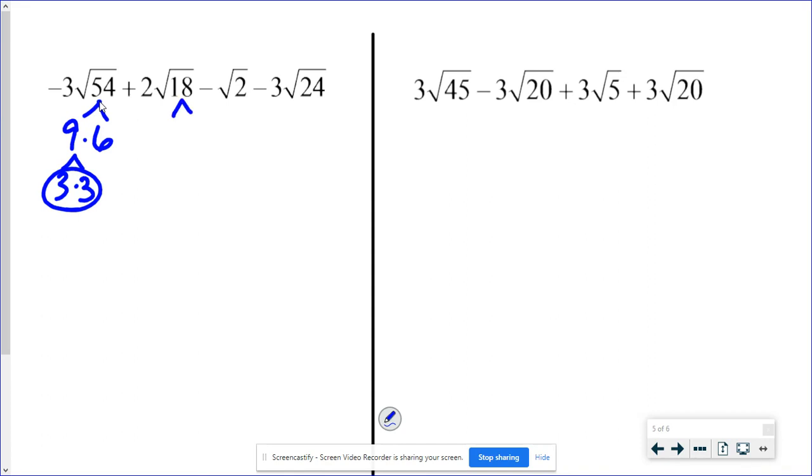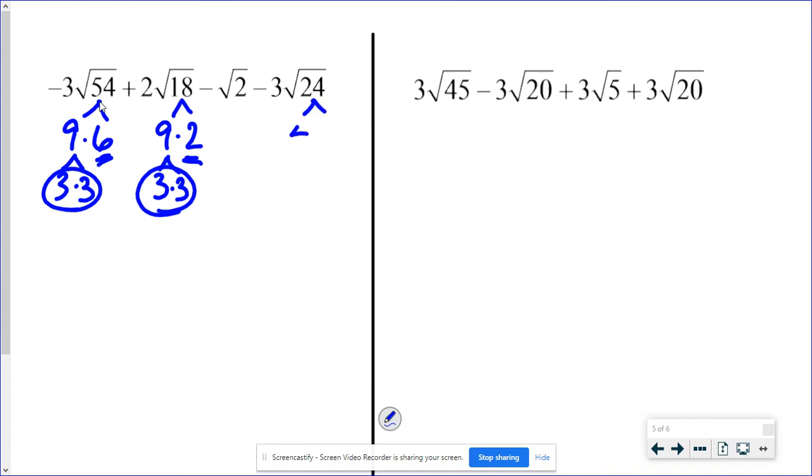The 18, knowing that I've got a rad 6 already left over, I could look at how I could split that up, and I know I could use a 3 and a 6, but then I do have another pair. So instead of that, I'm going to go with the 9 and 2. There's that pair. So the leftover parts here don't match. That's okay. The rad 2 doesn't simplify.